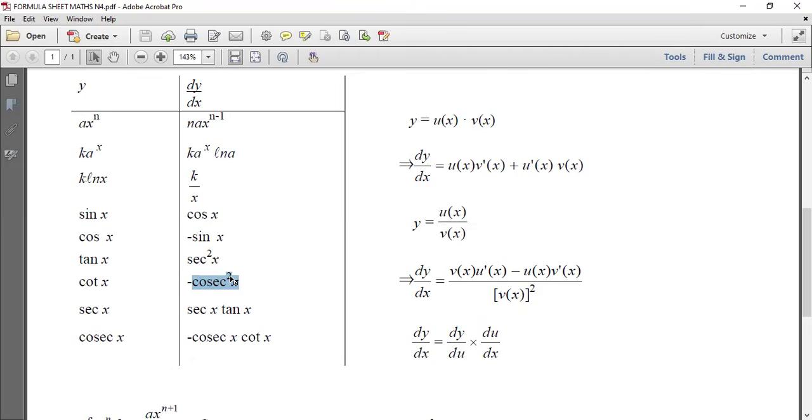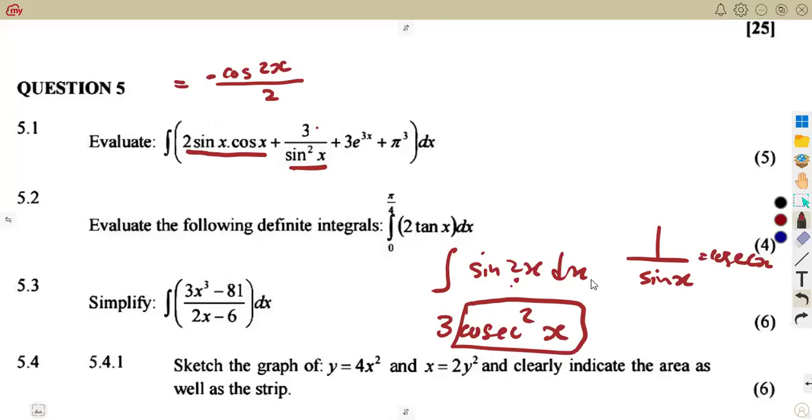So when you have cosec squared as a positive, you must use the negative on the cot. The negative that you are seeing here must be taken to the cot. So guys, know your integrals, and know how to play around with your formula sheet, because that is the one that you have in your exam. So you saw that a cosec squared we changed to a negative cot. So that's negative 3 cot of x.